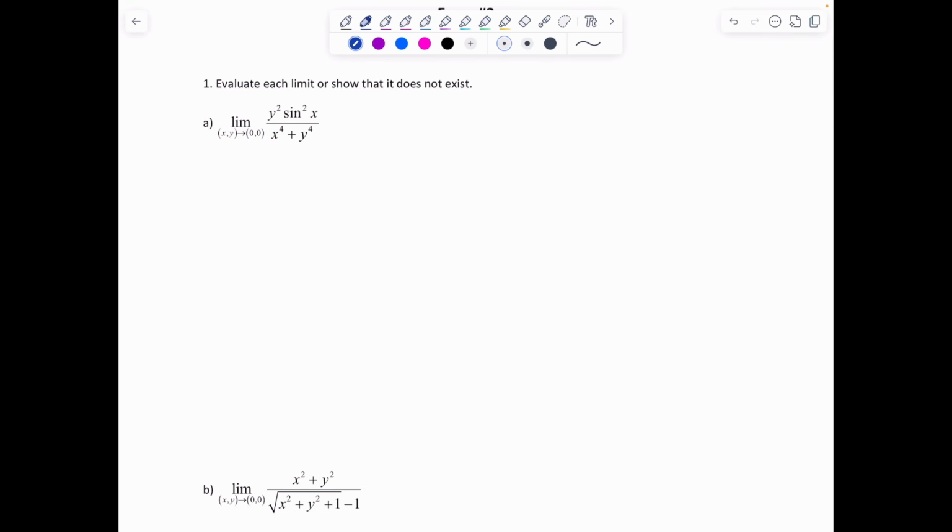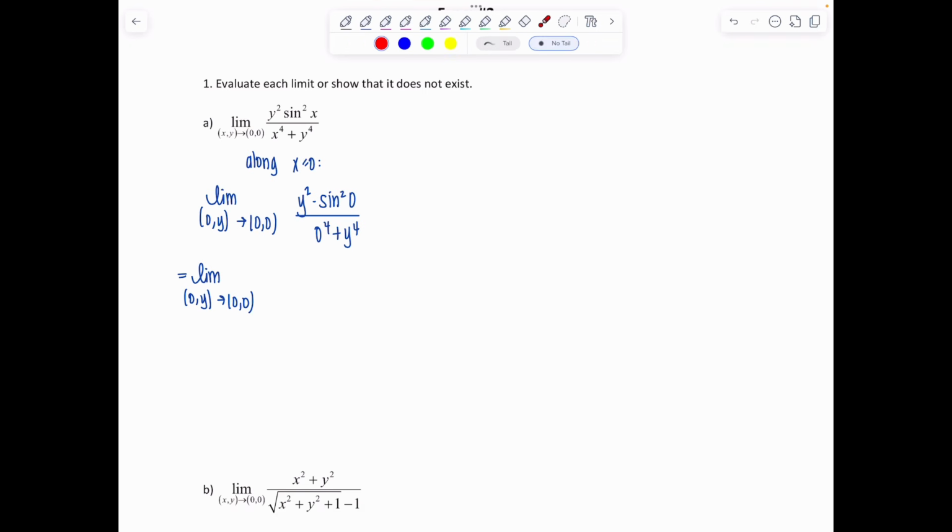So I'm going to first go along the path x equals 0. So then I have the limit as (x,y) approaches (0,0). I'm going to substitute in 0 for x into my expression here. So I'll have y squared times sine squared of 0, over 0 to the 4th plus y to the 4th. Simplify first.